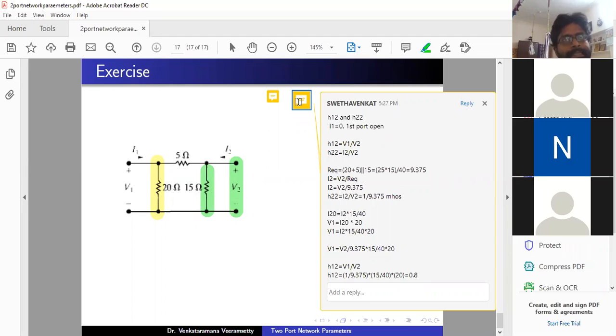Tomorrow we will discuss the interrelation between the various types of two-port network parameters, like how we relate the Z parameters in terms of the Y parameters, the Y parameters in terms of the Z parameters, and the transmission parameters in terms of the Z and Y parameters. We will discuss that in tomorrow's class.